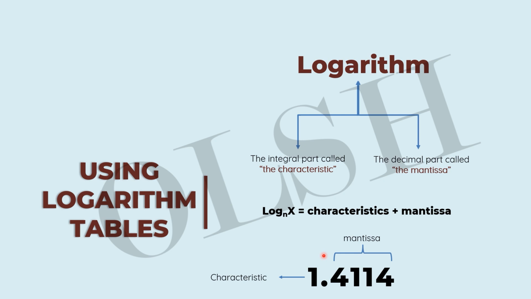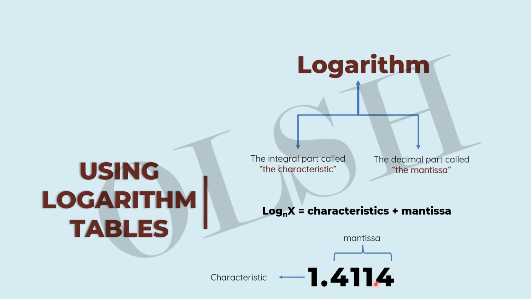Okay, so we have an example here of a number 1.4114. So we have the first part to be our characteristic, in this case, which is 1. Okay, then we have the decimal part, the other part, to be our mantissa. So we have a characteristic of 1, we have a mantissa of 0.4114.